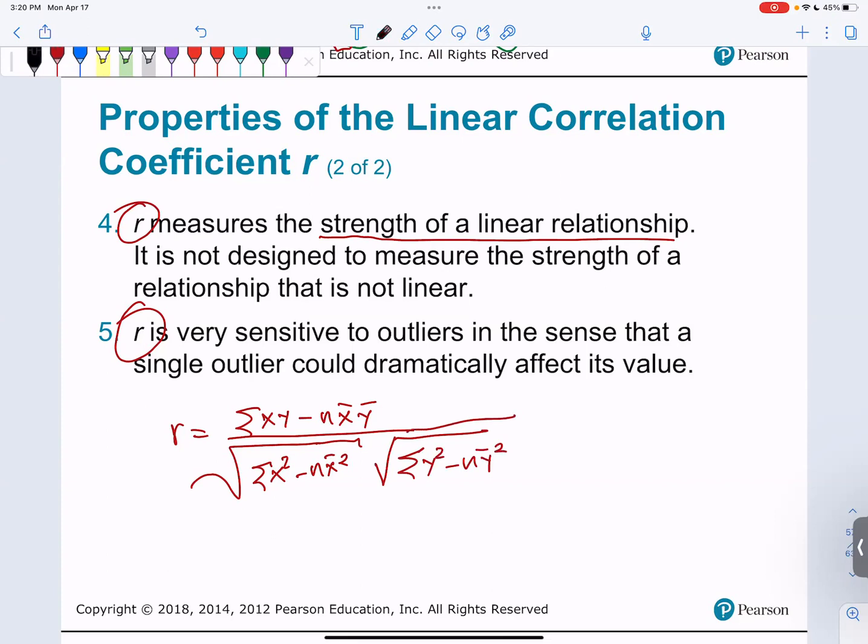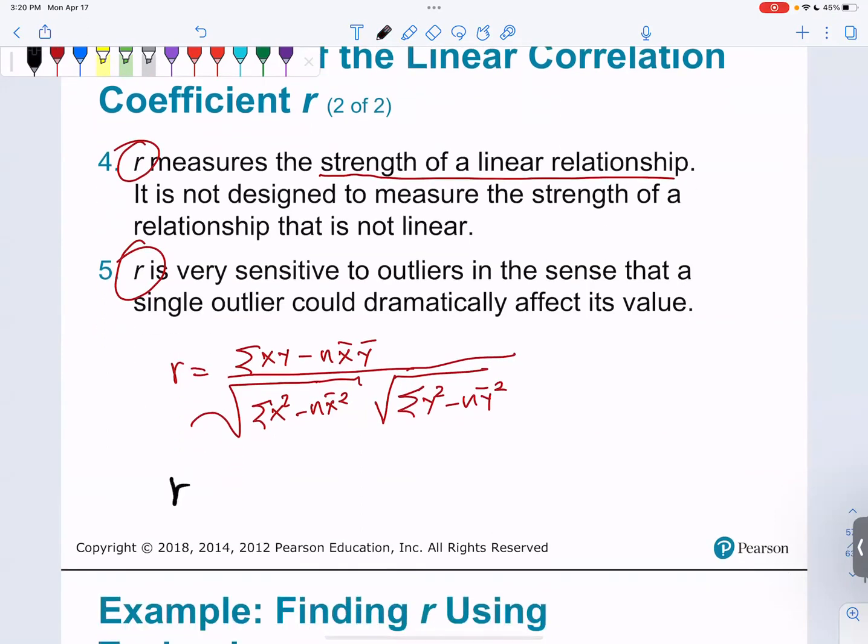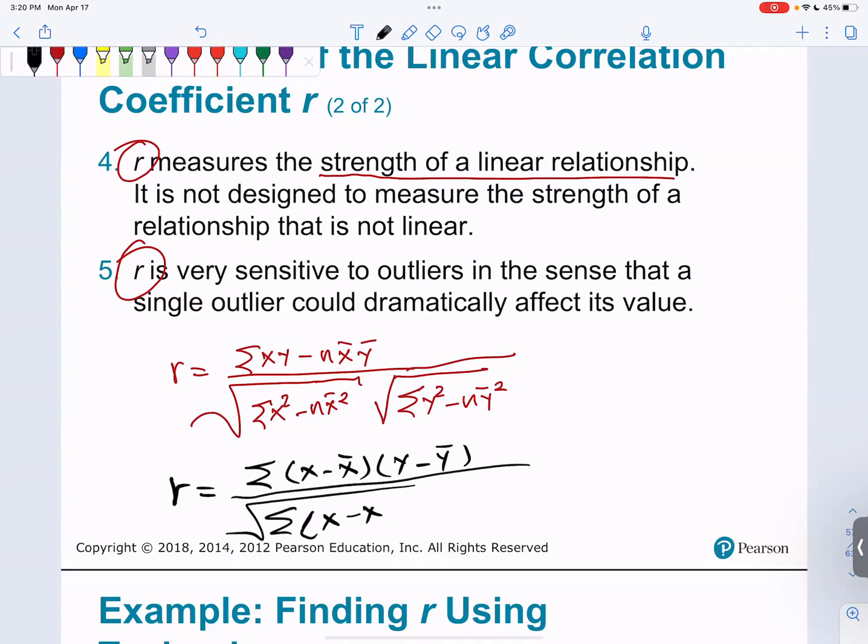Or we can also use this formula: summation of x minus x bar, y minus y bar, divided by the square root of summation x minus x bar square and summation y minus y bar square.